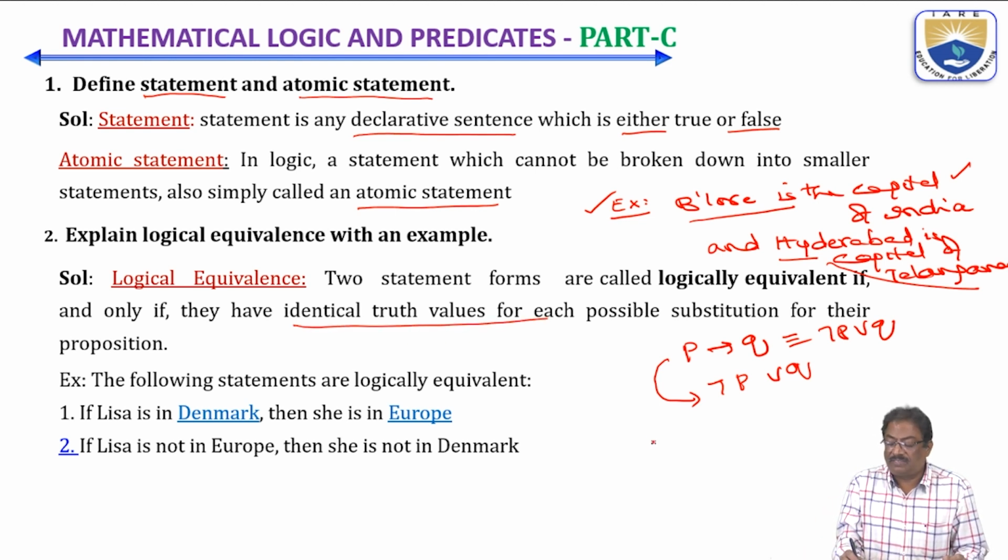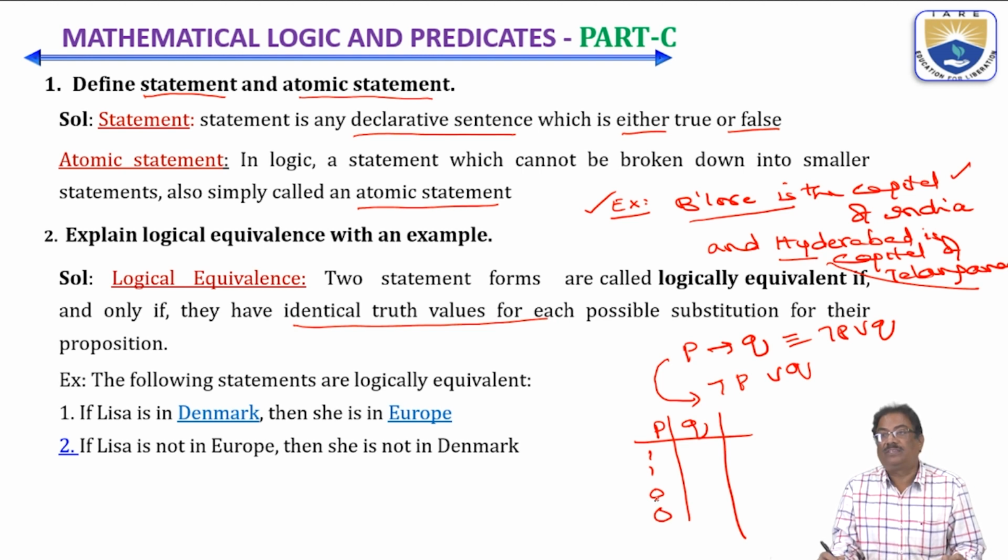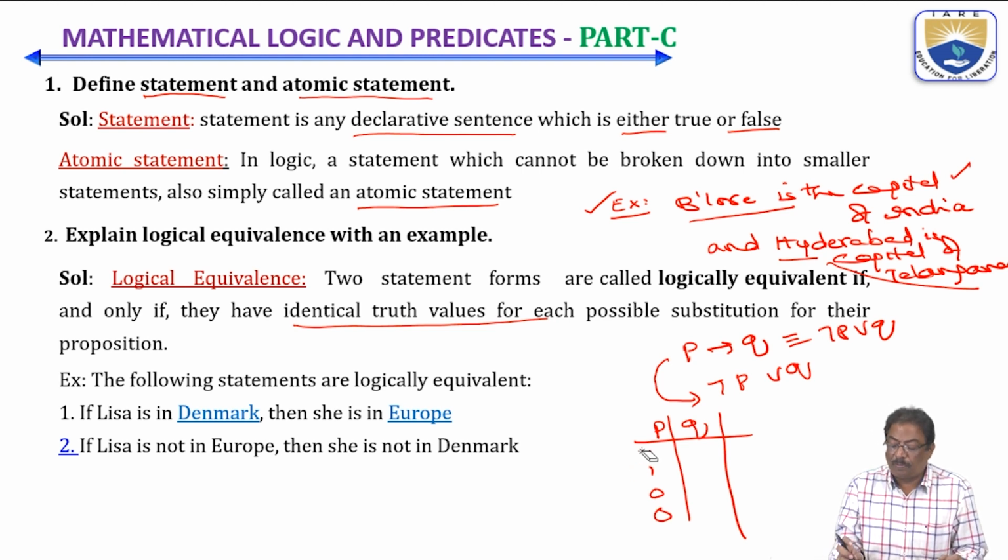Suppose I consider, let us say, P and Q. Here two propositions are there, so there are 2 to the power of 2 possibilities, which is nothing but 4 possibilities. Let us consider true, true, false, then again true, false.